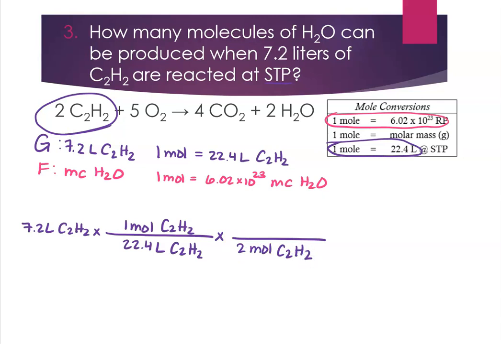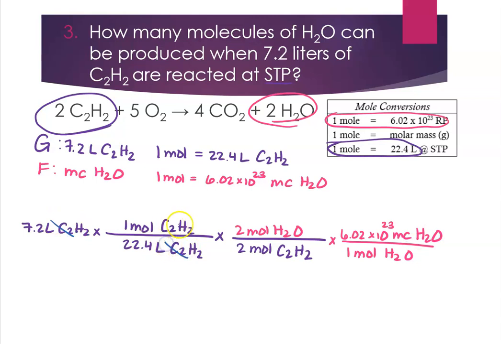That goes on the bottom, so they'll cancel. And H2O I have 2 of as well. So I have 2 moles H2O. All right, and then lastly, I need to convert moles of H2O into molecules. So I'll get rid of H2O by putting 1 mole H2O on the bottom and 6.02 times 10 to the 23rd molecules H2O on top.